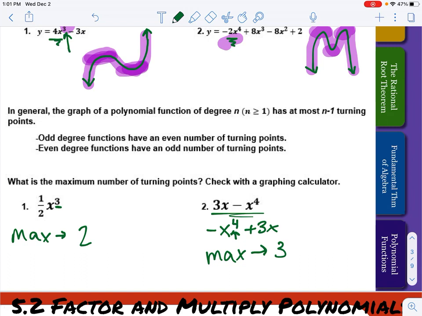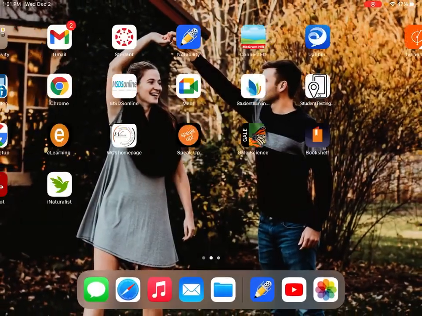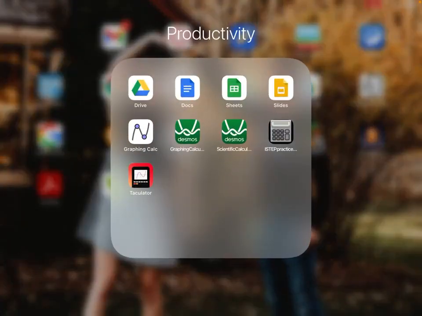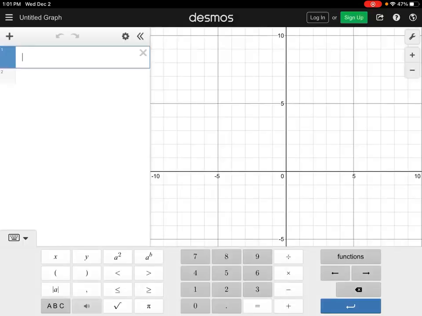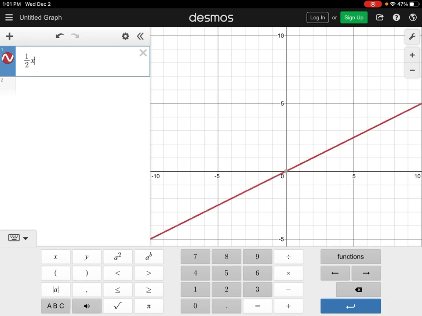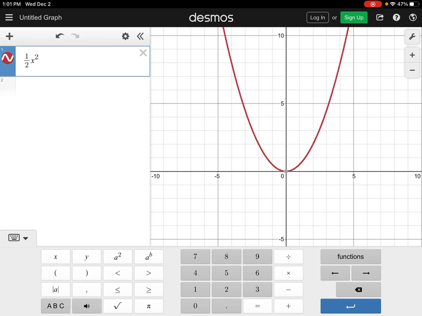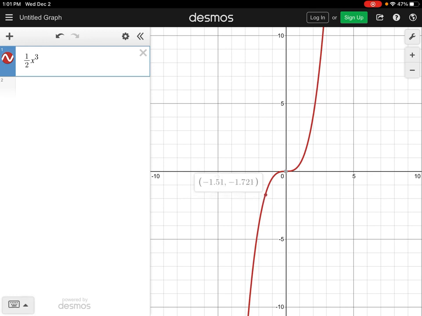If we take a look, I'm going to flip over to Desmos here, and we're going to actually graph these to show you what they look like. So, although 1/2 x cubed could have 2 turning points, if we take a look at it, it actually has no turning points.